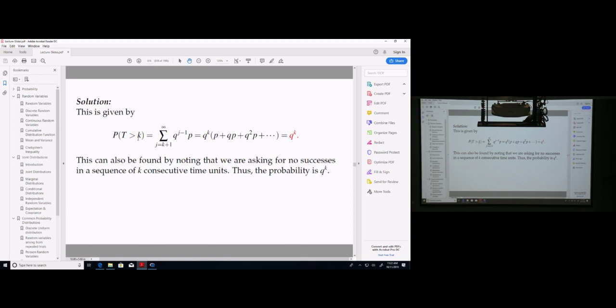I'm saying that the success occurs at a time bigger than k. It's the same as saying that all my first k trials are failures. They are the same statement, but the second is easier to calculate. If the first k trials are all failures, then each trial has probability q, all k of them, so q to the power k. That's it. So you don't even need to do these calculations.